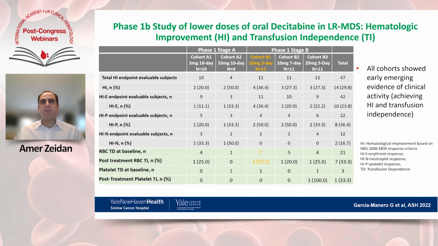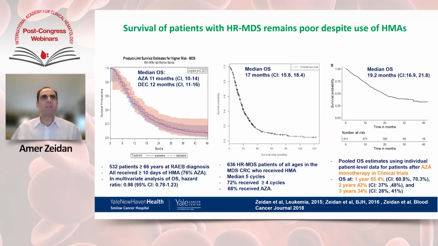And I think between these two, we are going to know the better dose to use in patients with lower risk MDS. And importantly, there was neutropenia as expected because you are using an HMA, but generally it was modified, it was reversible with dose interruption. And generally I think the safety data were good on this study.